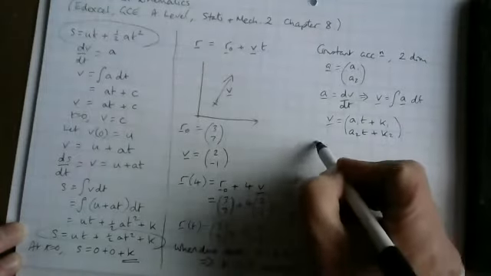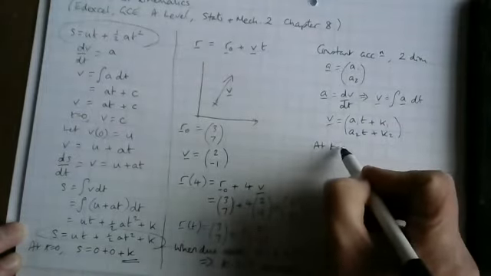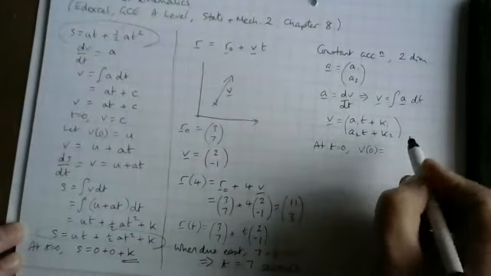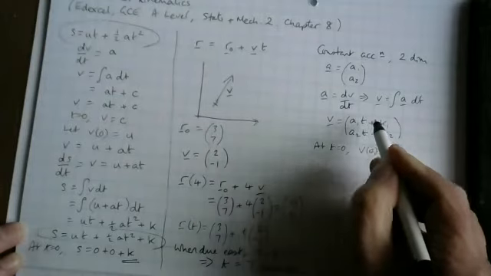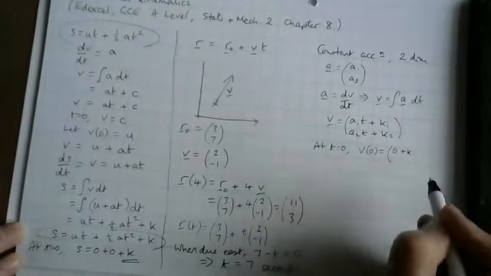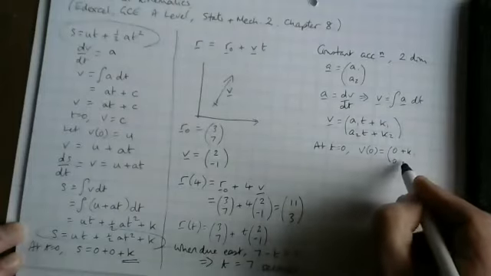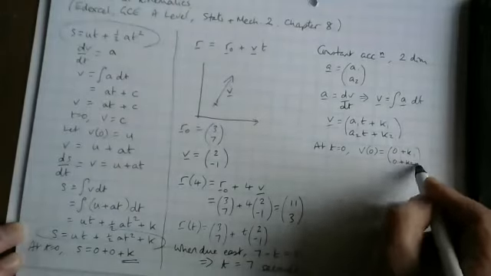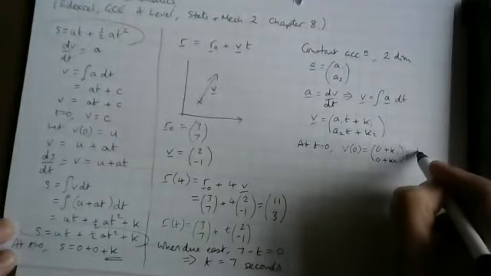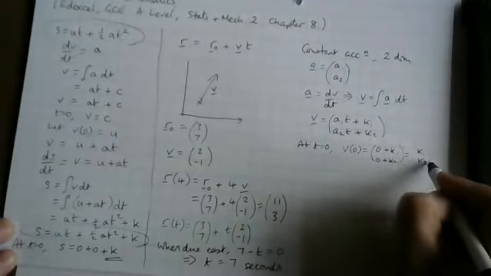So at t equals 0, v of 0 equals (a1 times 0 plus k1, a2 times 0 plus k2), which equals (k1, k2).